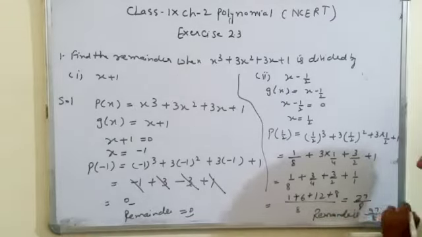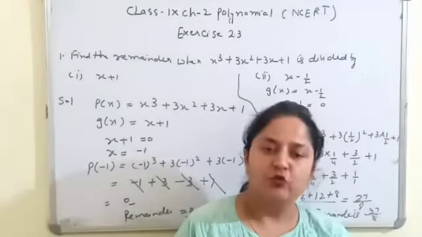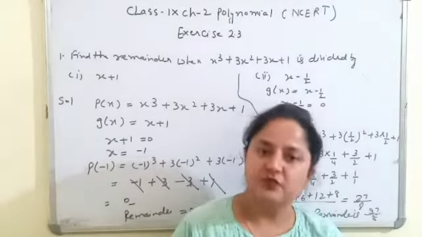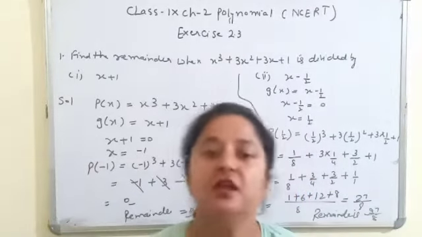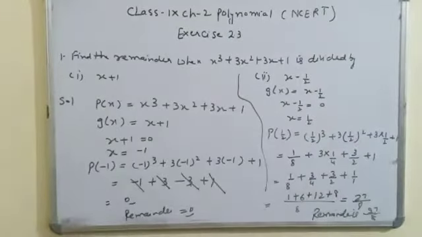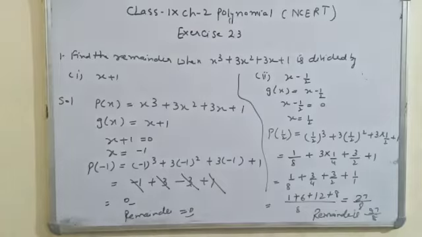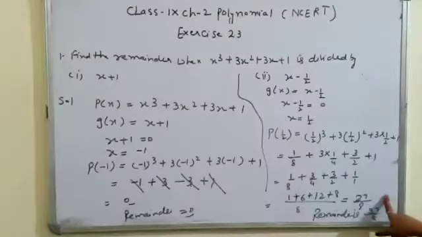The rule for finding the remainder by the remainder theorem is that you find the zero of the divisor and substitute that value in the given polynomial. After putting in the value of the zero, you get a result that is called the remainder of the given polynomial.